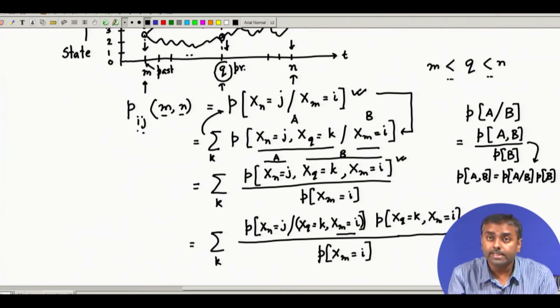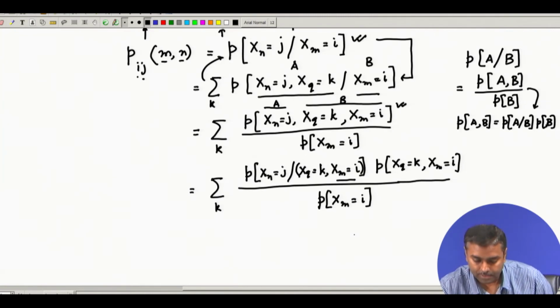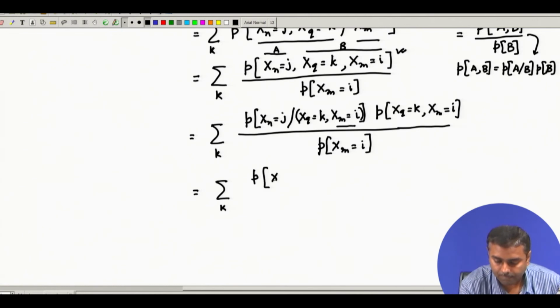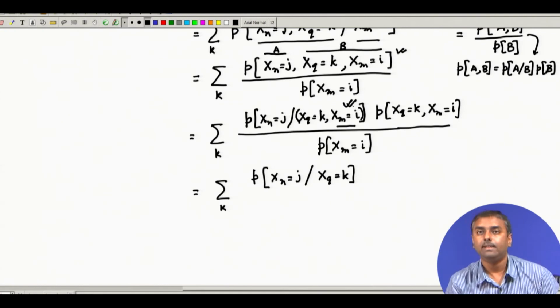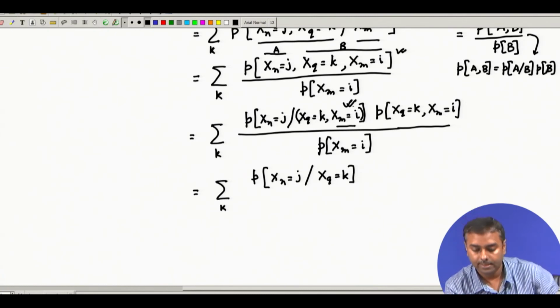So, this whole thing I did to put this Markovian property over here and then to see what happens. It does not matter what has happened in the further past, because I have the immediately previous state, which is this one.